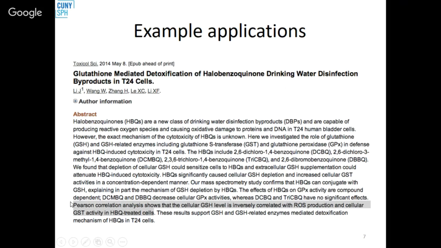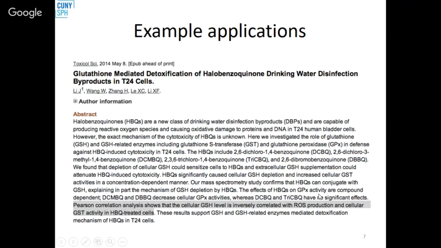But I just did a PubMed search for Pearson correlation. For all the complicated stuff in here, you see that just Pearson correlation analysis was used to show that cellular GSH levels, some measure of the response in the participants, are inversely correlated with ROS production and cellular GST activities.